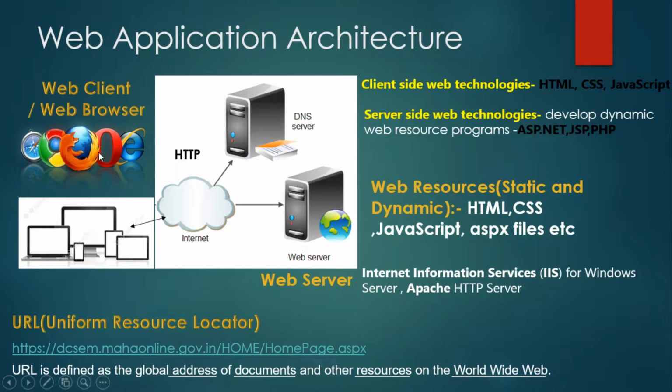If you are using Chrome or Mozilla Firefox, whatever your browser is, in that we are mentioning that, and it is mentioned in character form. So the role of DNS is what? It will take this URL and find out the IP address of the web server using this URL. So it will check. So this is the domain for this dcsem.mahaonline.goe.in.